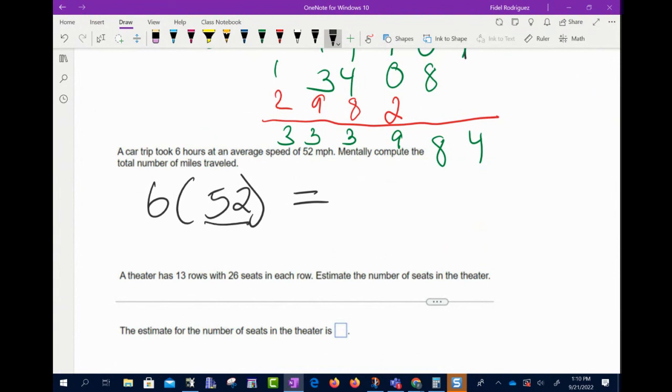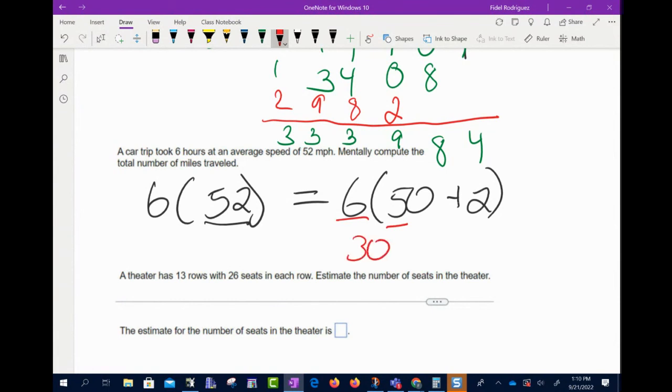I want you to think about the number 52 as 50 plus 2. Okay. Now, what's 6 times 5? 30. So 6 times 50, wouldn't that really be 300? Okay. What's 6 times 2? 12, isn't it? Okay.